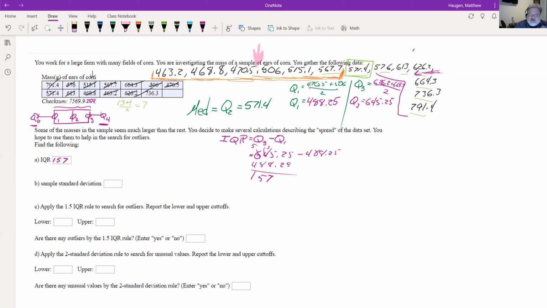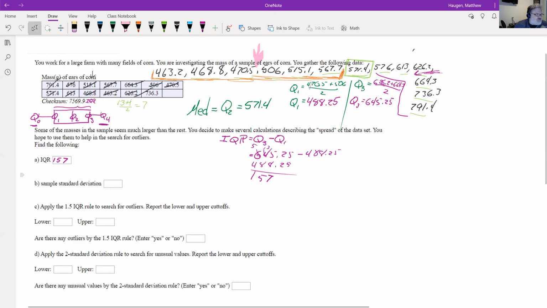Now, sample standard deviation, if we wanted to calculate that by hand, we'd need the mean. We're going to need the mean later anyway, but I certainly don't want to calculate that by hand. So we'd grab either the calculator or Excel and tell it to do that.